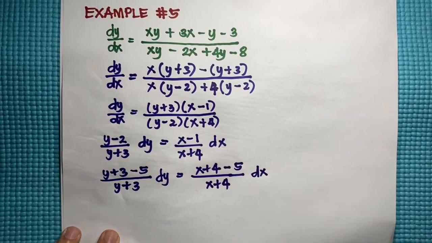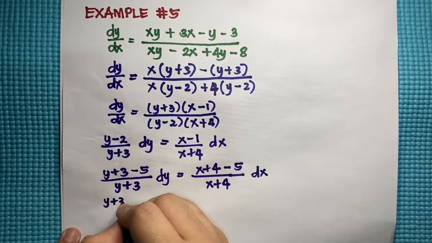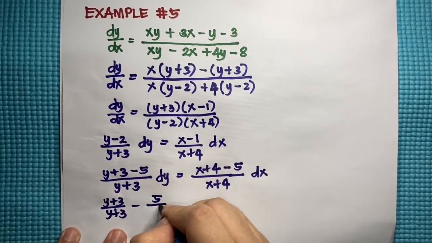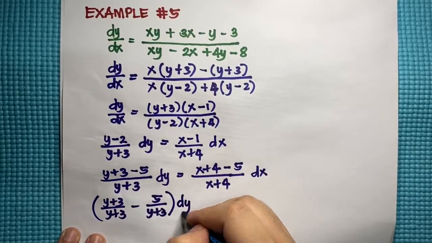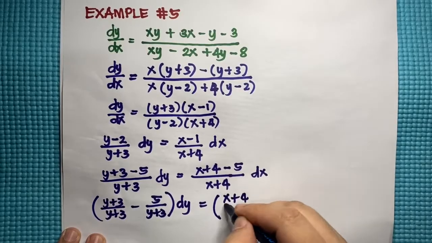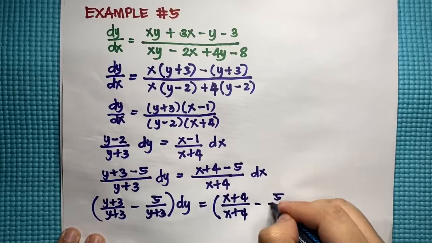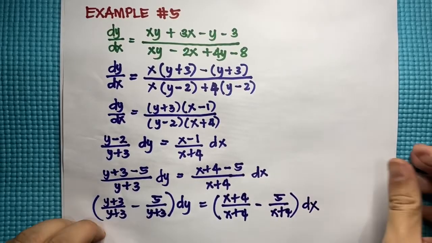So we could separate this time as y plus 3 all over y plus 3 and minus 5 all over y plus 3, then everything is multiplied with dy. And again, that would be equal to x plus 4 over x plus 4 minus 5 over x plus 4, multiplied with dx.